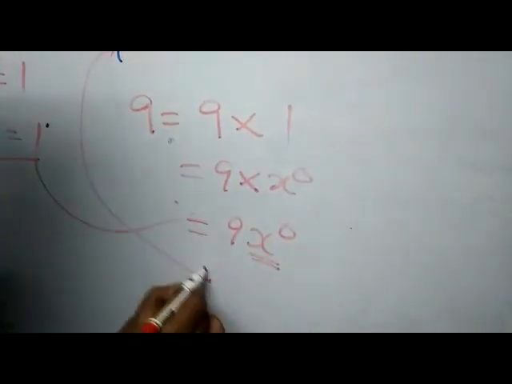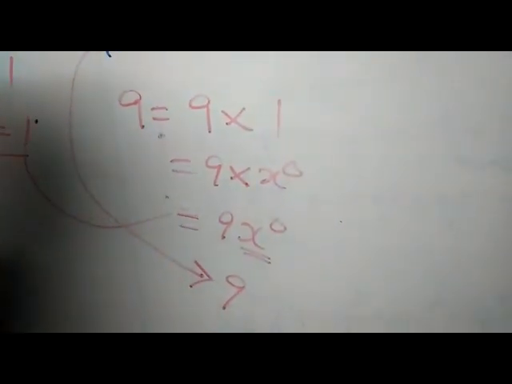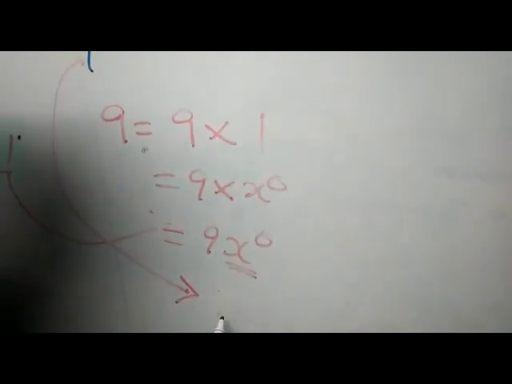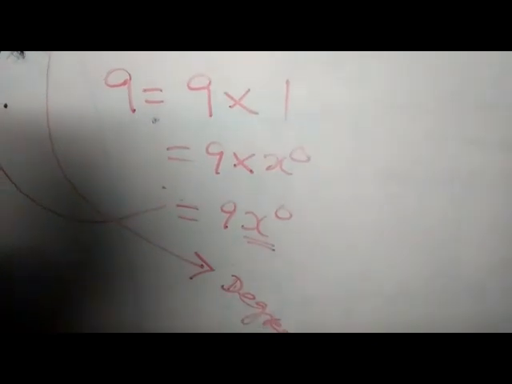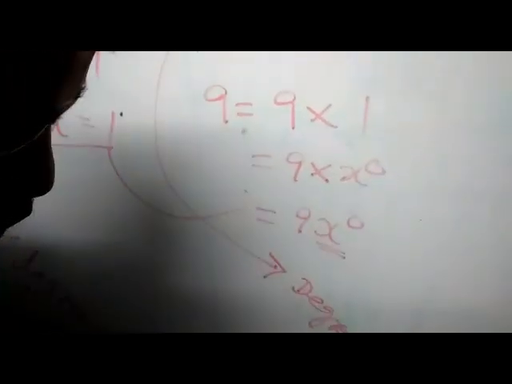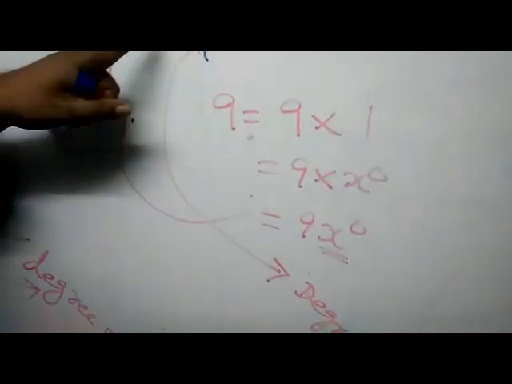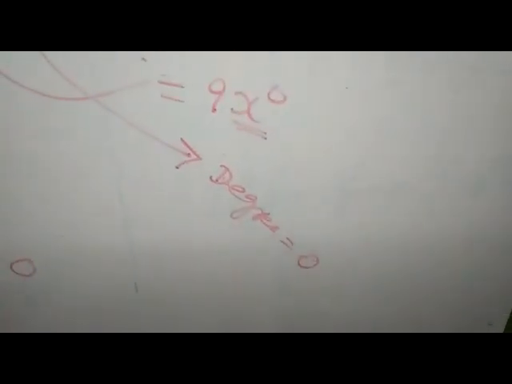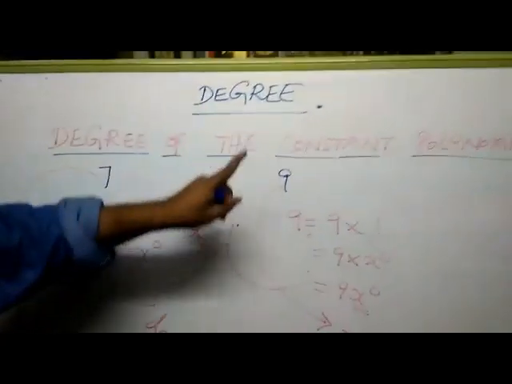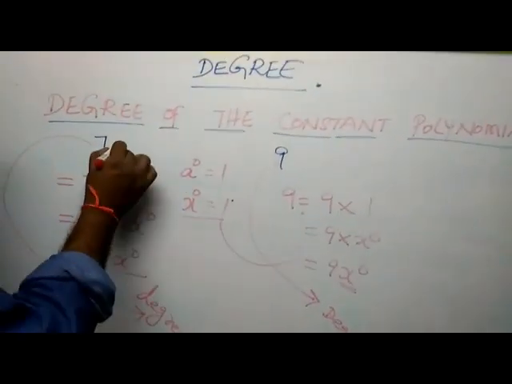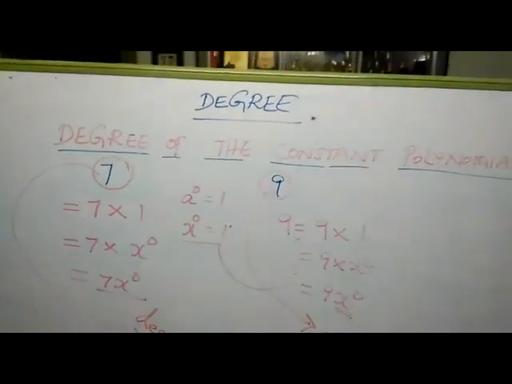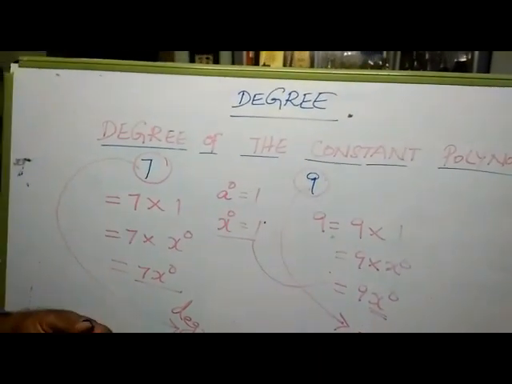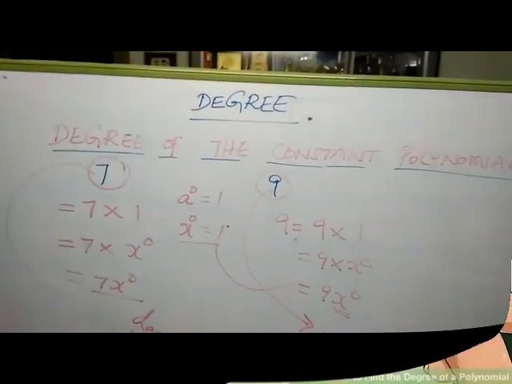Therefore, degree of this constant polynomial 9 is equal to 0. Therefore, degree of the constant polynomial is 0. Whatever it may be, maybe it is 7, maybe it is 9, maybe it's 100, the degree of the constant polynomial is 0.